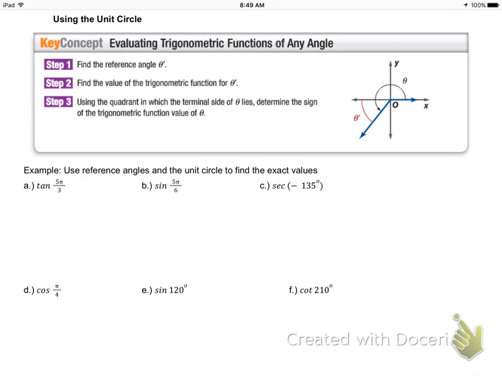But step number 3, if I'm just using reference angles, I want to definitely hone in on, okay, I know I'm in quadrant 3, sine and cosine are negative, but tangent is positive. So it matters where we're at. Now I tried giving a little bit of a mix here. We have some degrees and we have some radians.